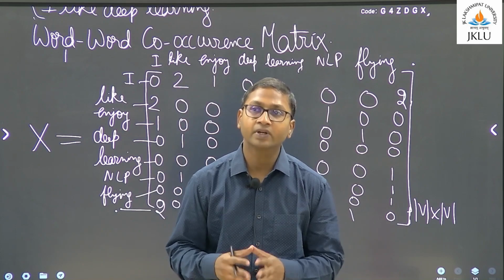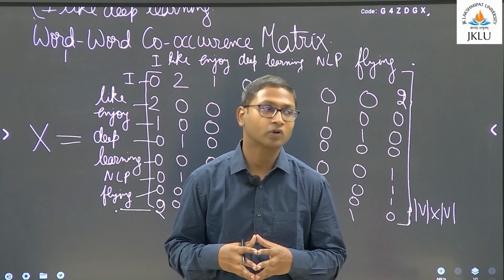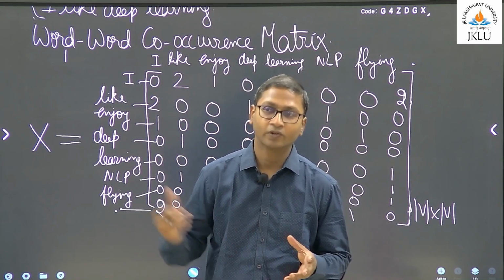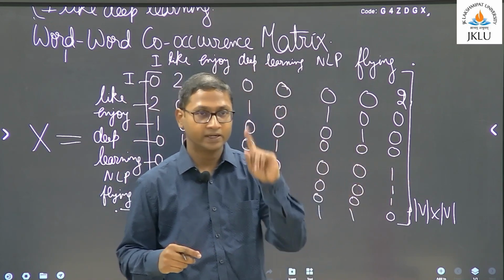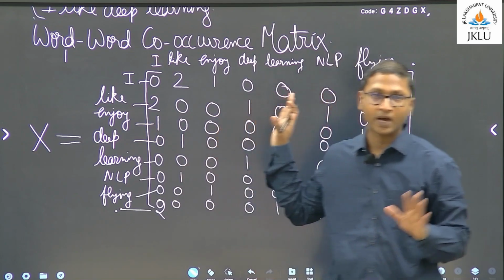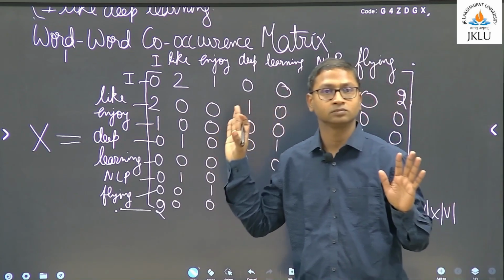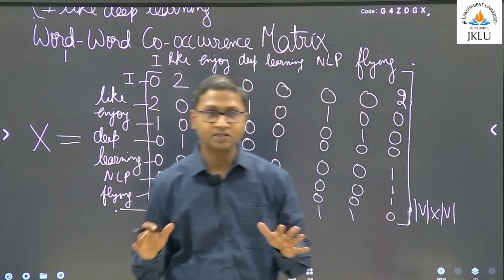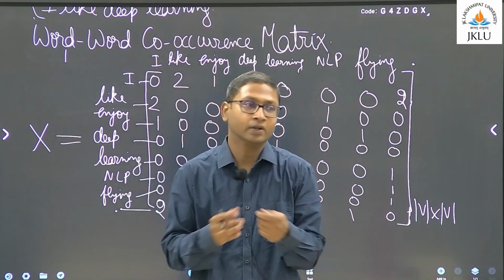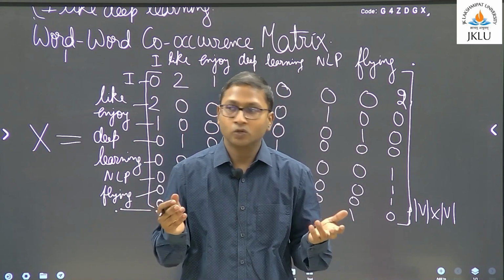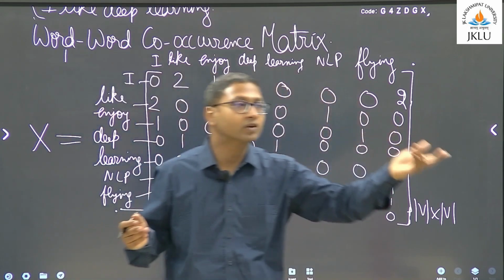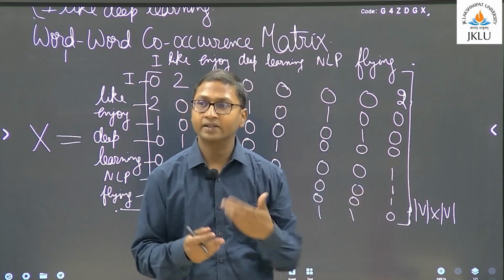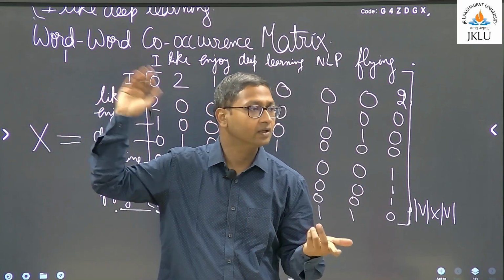So let's say in your real corpus you have a vocabulary size of 100k. What will be the size of this matrix? 100k cross 100k. And do you see that this will be sparse? Maybe in a row you have 1000 non-zero numbers, and the rest 99% are not in context.